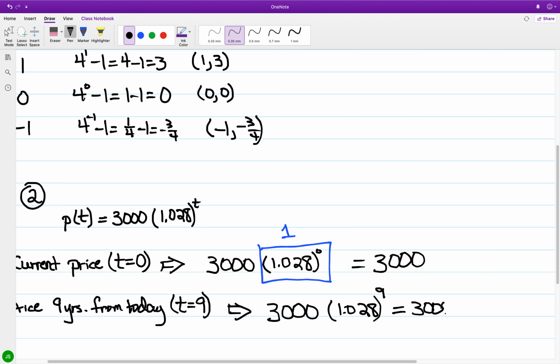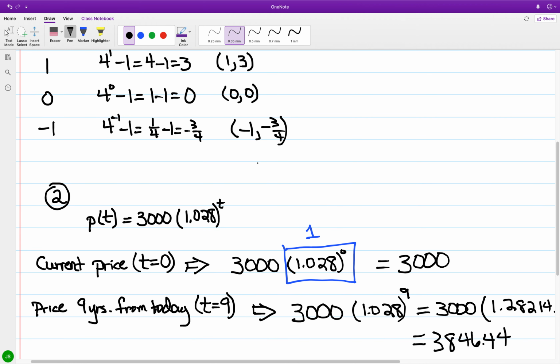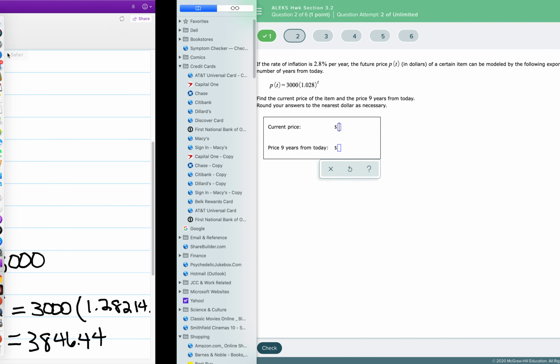And so just taking the numbers that we have here, 1.028 taken to the 9th power, and I have 3,000 times 1.28214, and if I take to the nearest penny, this would be about $3,846.44.